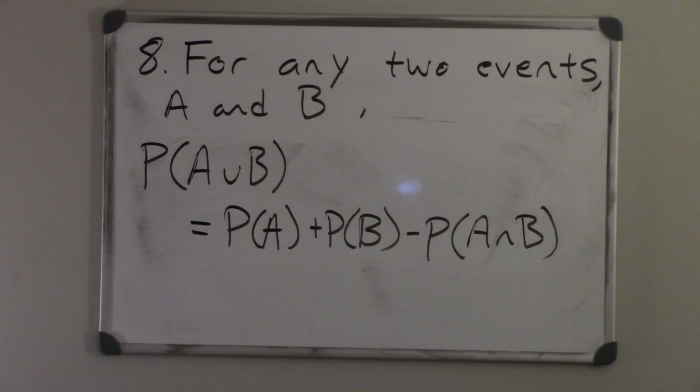Looking at this, before we actually look at an example, why are we subtracting the probability of the intersection?